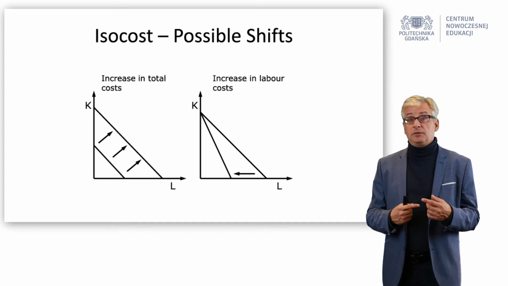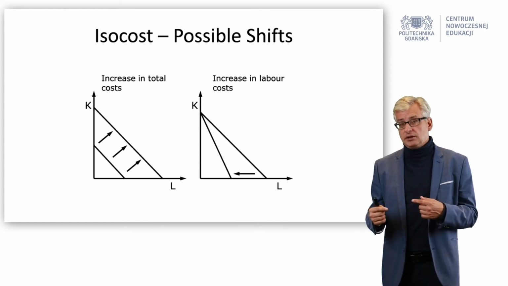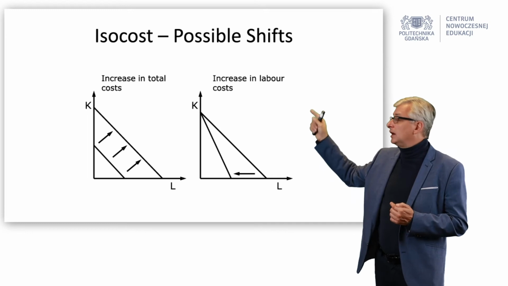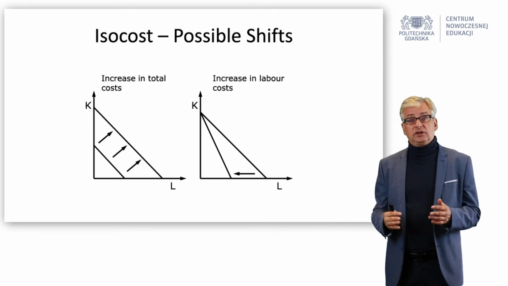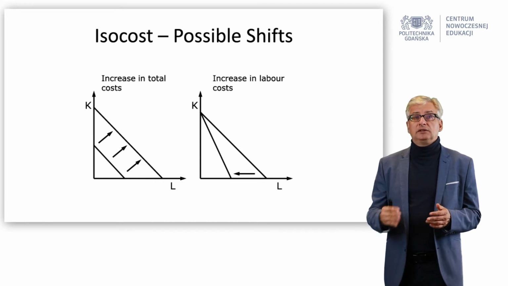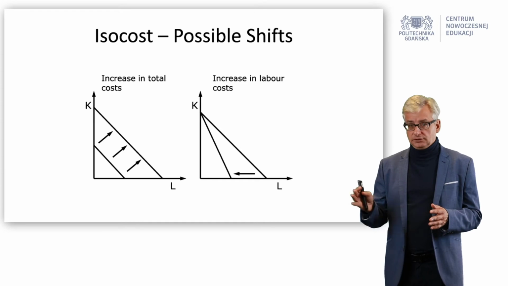Then you can have some changes in the costs, like the price for labor or the price for capital. You've got price for labor here increasing on your right side here. And you can see if labor becomes more costly, then this isocost would shift with one end only, okay?